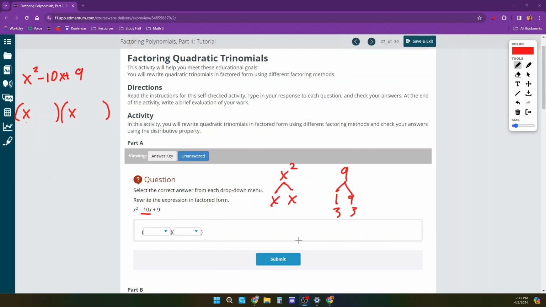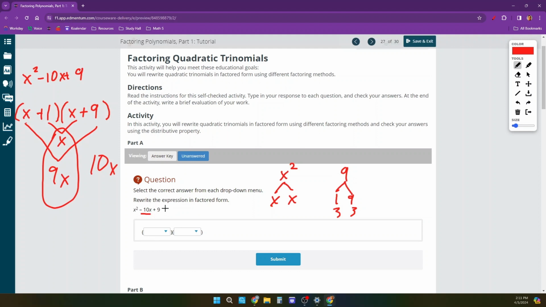So we start over and we try another combination. Let's try 1 and 9. Again, we check by multiplying our outside terms and our inside terms. X times 9 is 9x. 1 times x is x. Add these together and we get 10x, which is almost our desired term. The problem is we want negative x instead of positive x. So what can we do? Well, luckily for us, we know that a negative times a negative is equal to a positive.